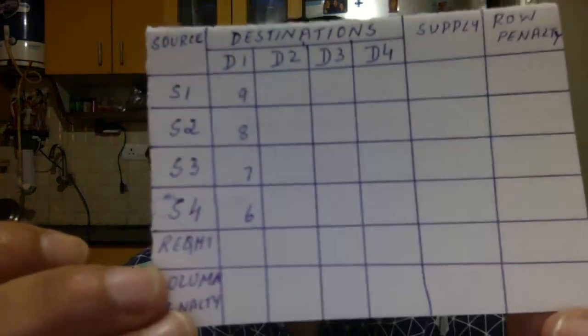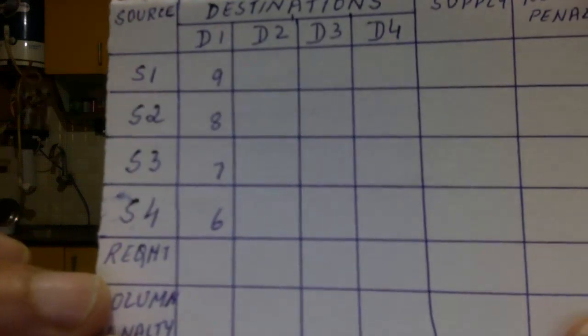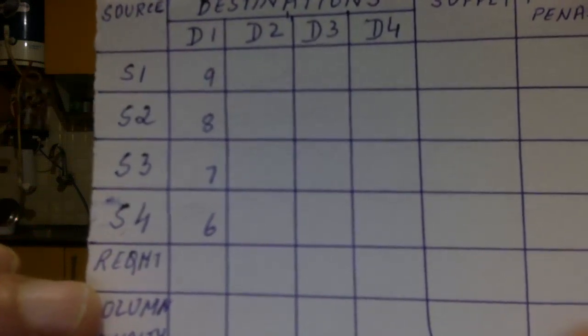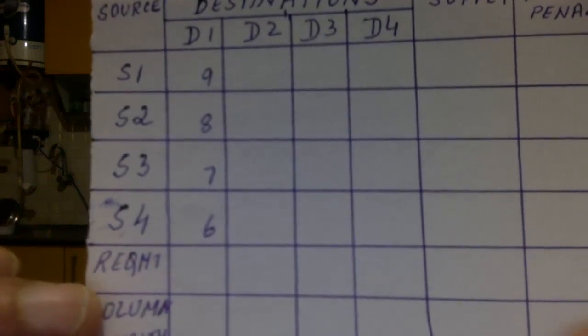Let us make it 9, 8, 7, 6. Next one, 4, 3, 2, 4.